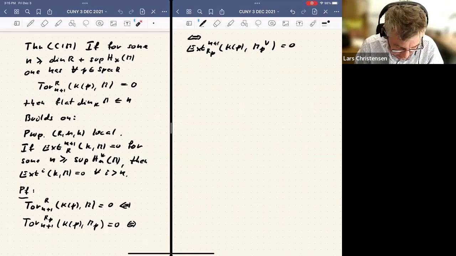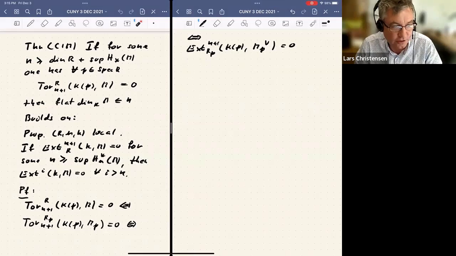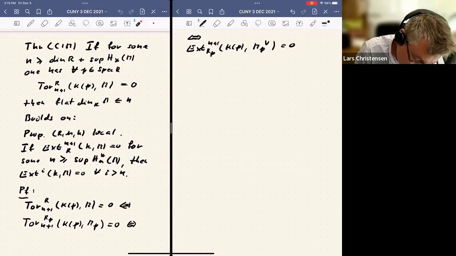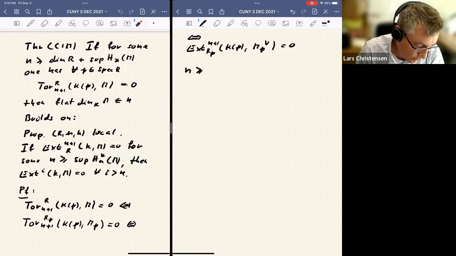So since the vanishing of Tor is the same as the vanishing of Ext, what I have to check is just that the n that I'm looking at here actually is at least the supremum of where the local cohomology vanishes, because in that case I can use the Ext result. So what is n?